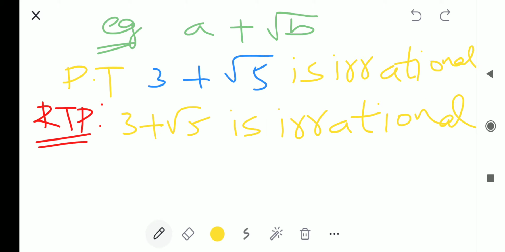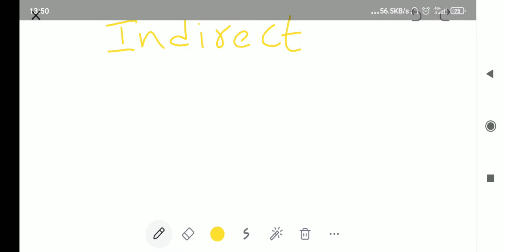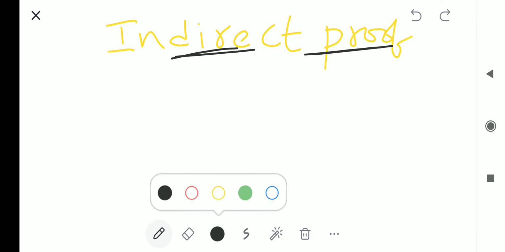As I told you, to prove this problem I should approach it by the indirect method of proof. In the indirect method, we start with an assumption which states that RTP is false.